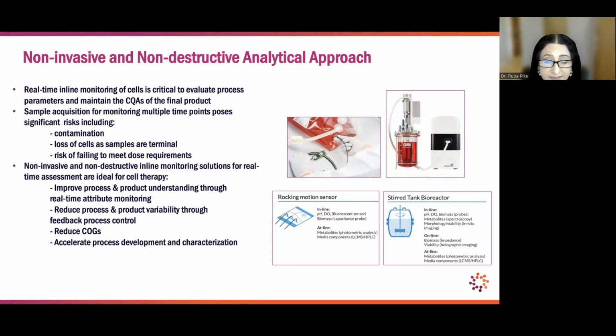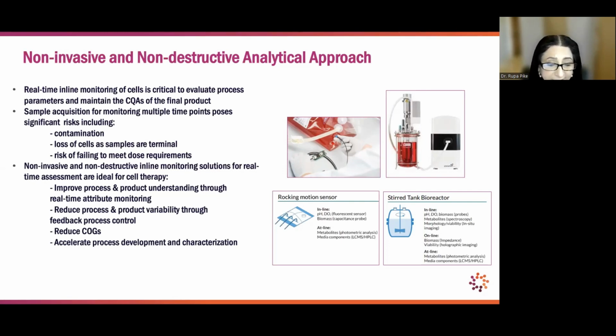And a very good example of this, which is in the public domain, is the partnership for technology between Bristol Myers Squibb and a company called Ovizio. And they did a project called Automated Cell Monitoring in Real Time and Label Free.